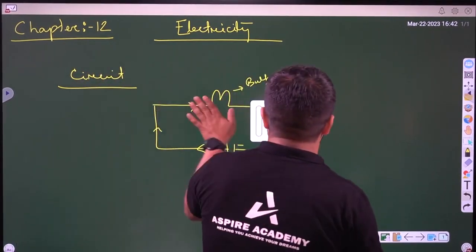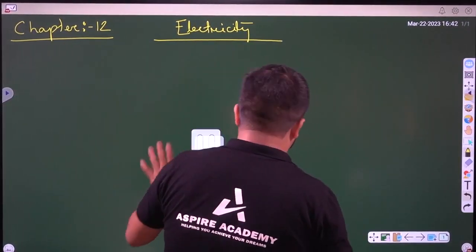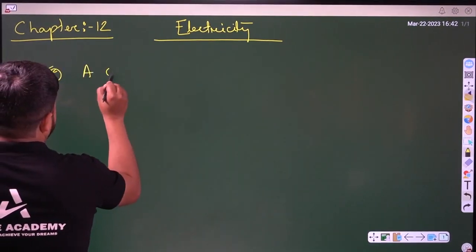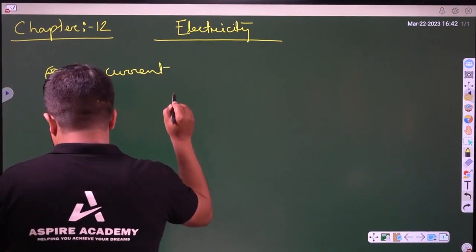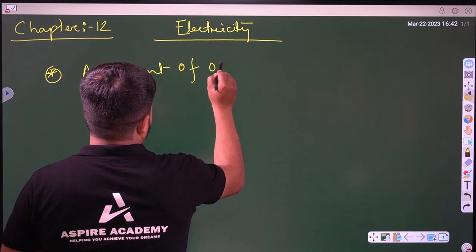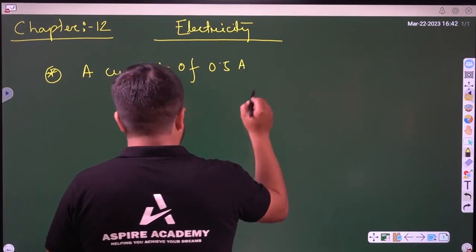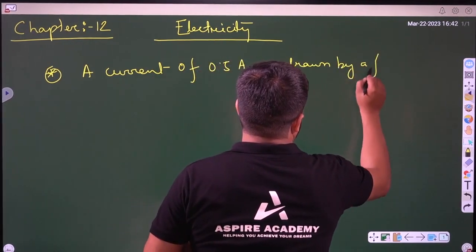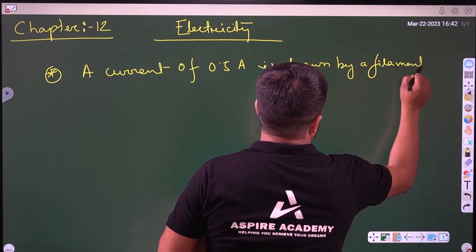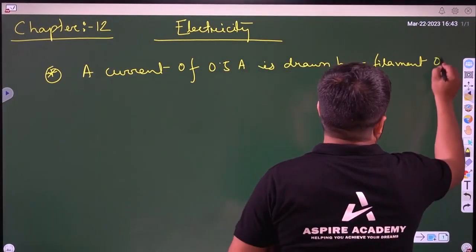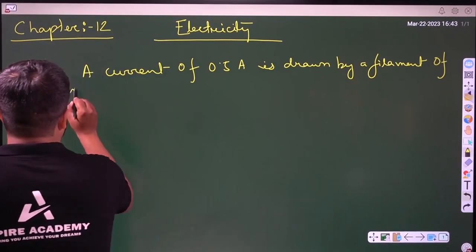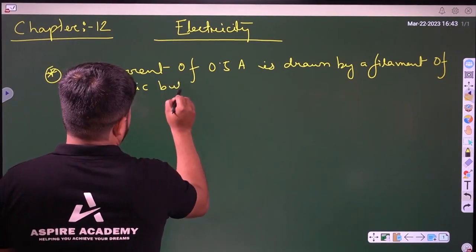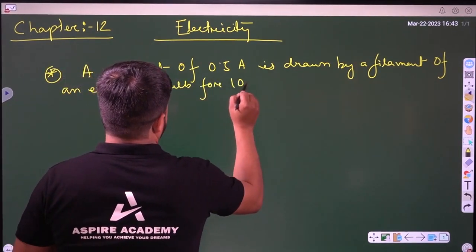One question arises: how can you calculate the current? Suppose one question is there: a current of 0.5 ampere is drawn by a filament of an electric bulb for 10 minutes.